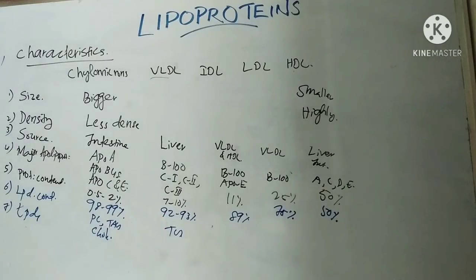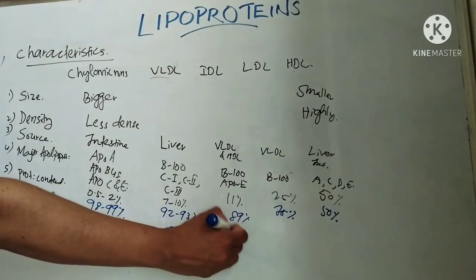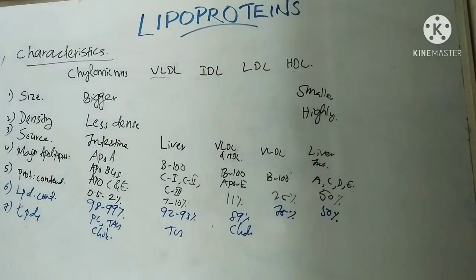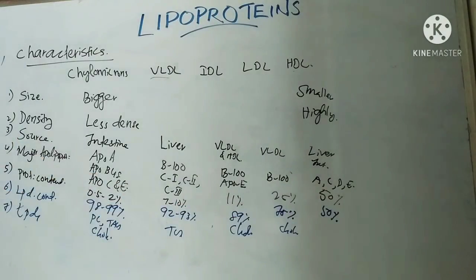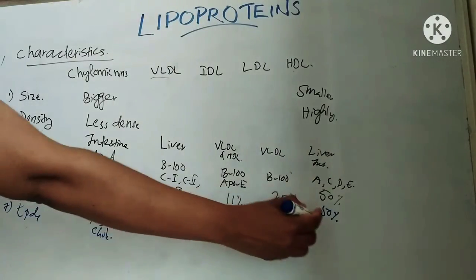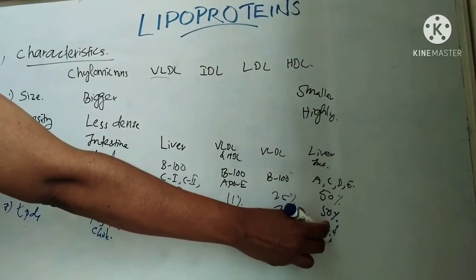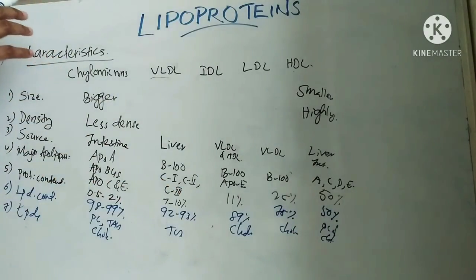In IDL it is cholesterol. In LDL also cholesterol, and in HDL it will be phospholipids and cholesterol. Phospholipids and cholesterol are the major lipids present.